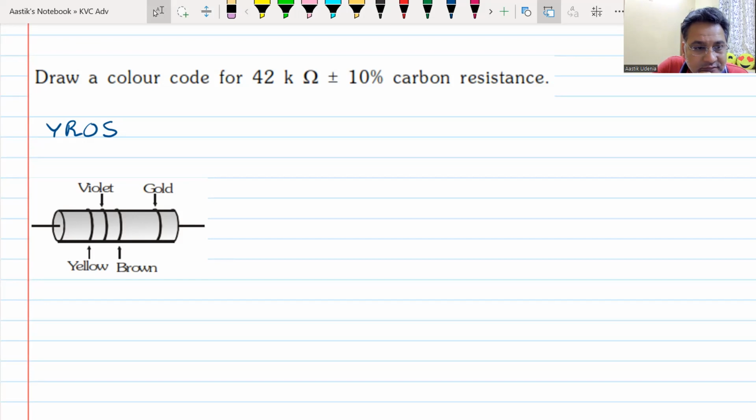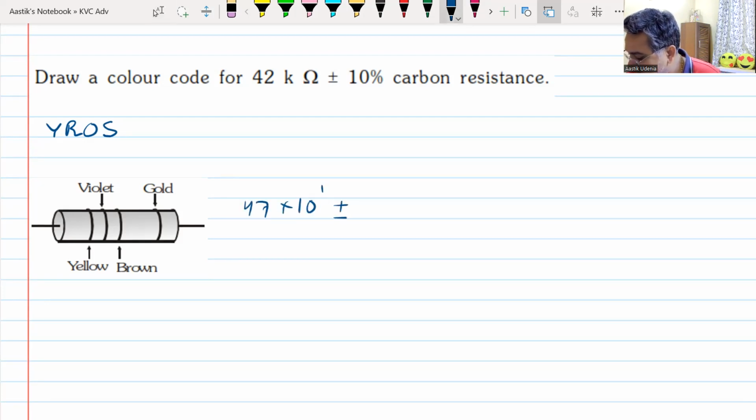Sorry. 420 plus or minus 5. 440. Hey Bhagwan, so much time to calculate this. It will be 47 into 10 raised to the power 1 plus or minus 5%.